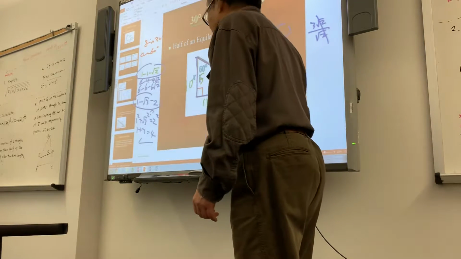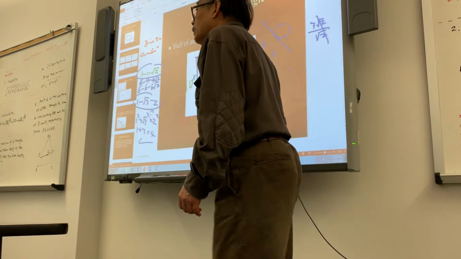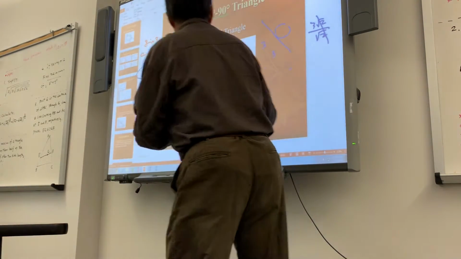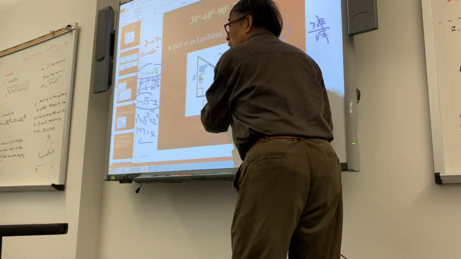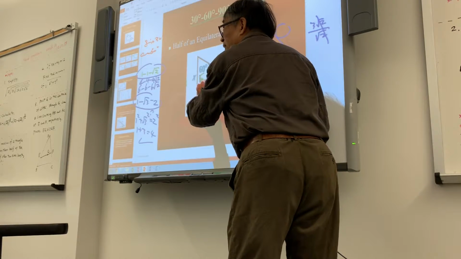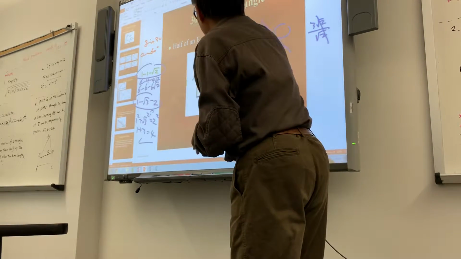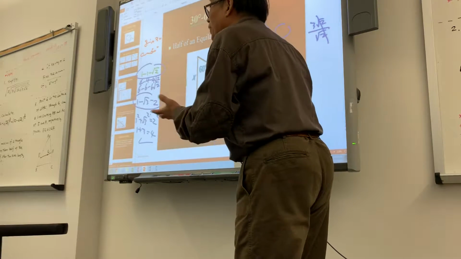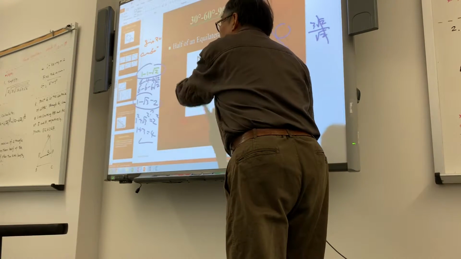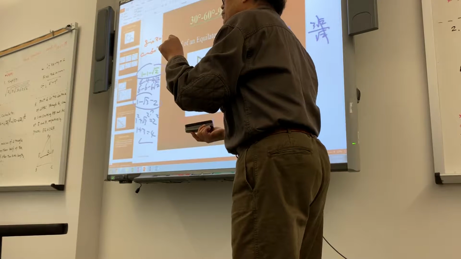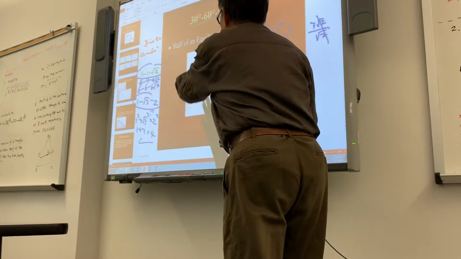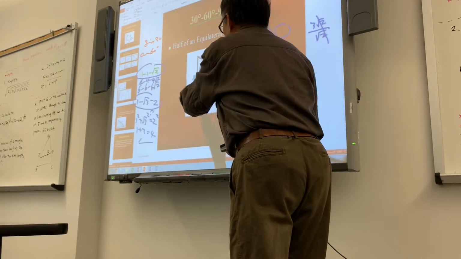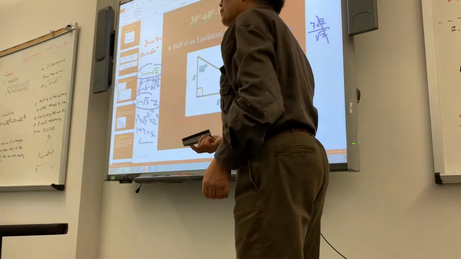So is x always going to be 1? X is the shorter leg, 30 degrees opposite. We learned for this triangle, 30 degree is the smallest angle. The opposite side should be shortest. 60, this one is longer. 90, opposite should be longest.